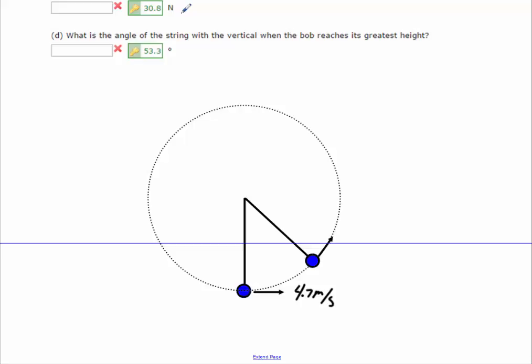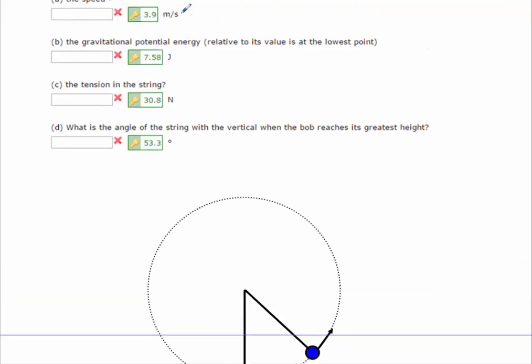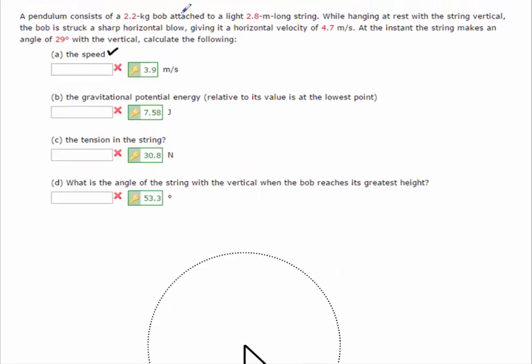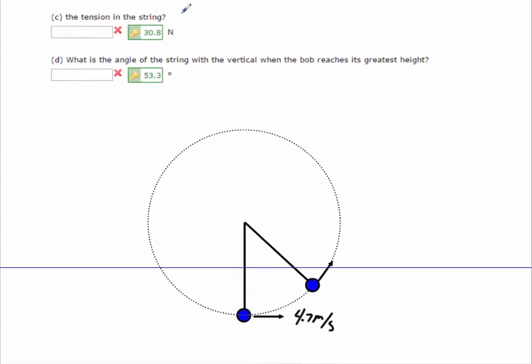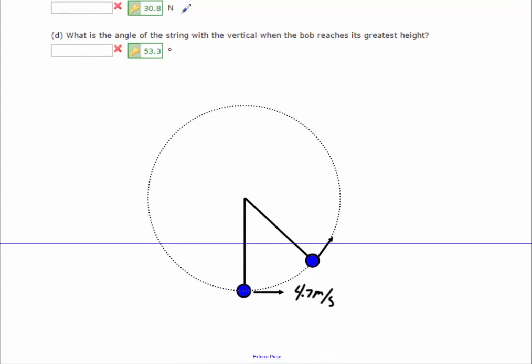We don't really know what that is. And now it says in the problem that the angle with the vertical is 29 degrees. So we know this is 29 degrees. We know the string is going to be 2.8 meters long, and we know the bob has a mass of 2.2 kilograms.